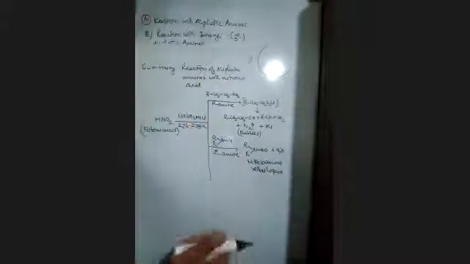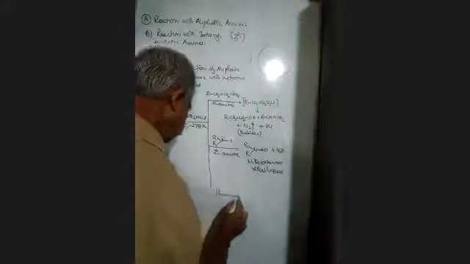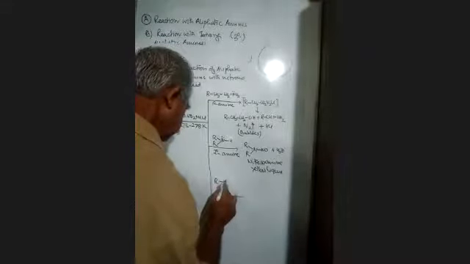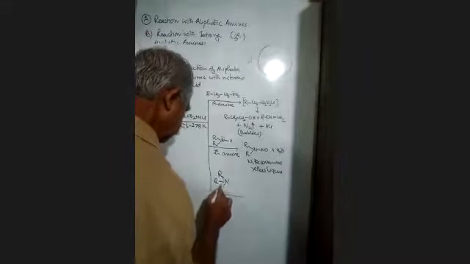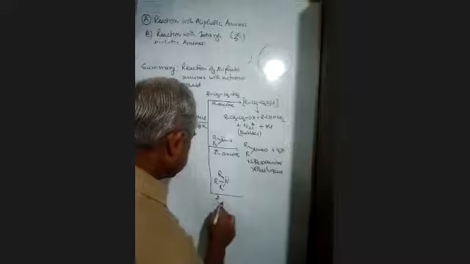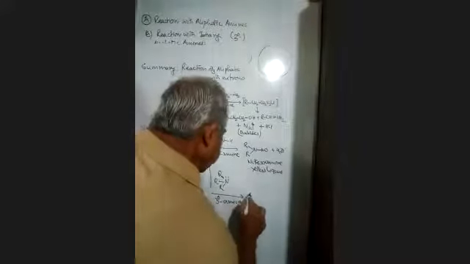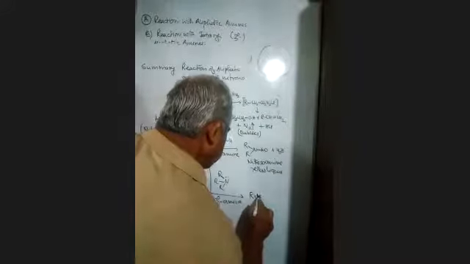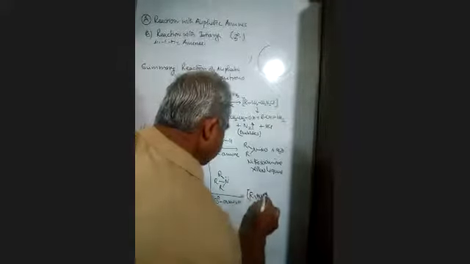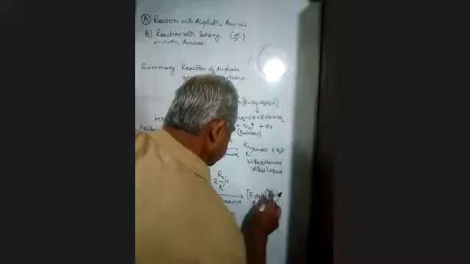So this I am doing only for your experiment in the laboratory. Tertiary. So what will we get here? We'll put it in the bracket, and oh, do not put anything. So what will we write here now? Water soluble nitrite salt.